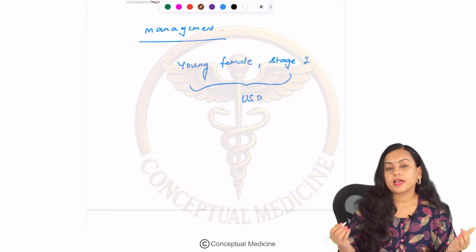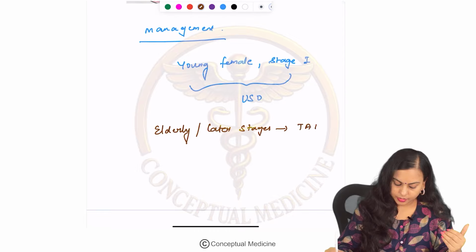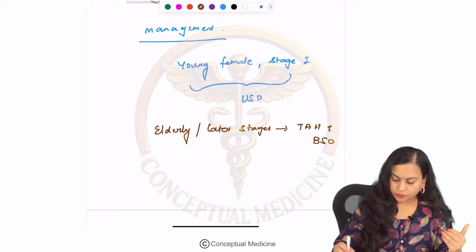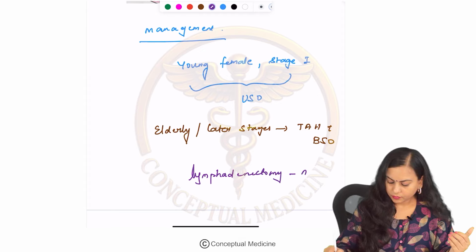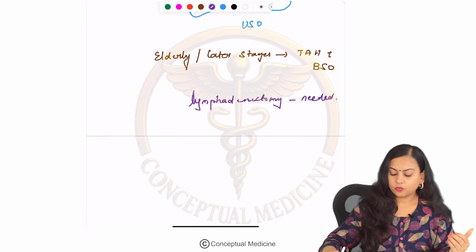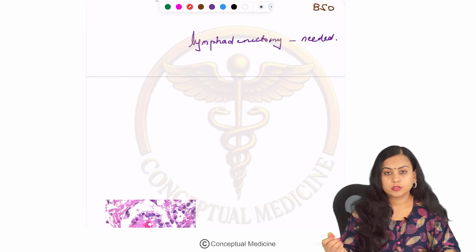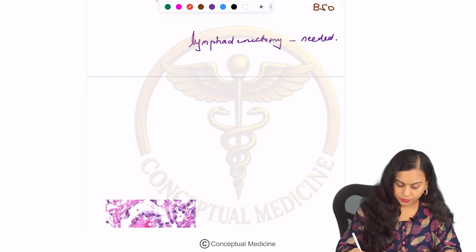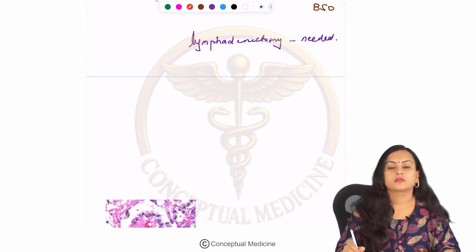In elderly women as well as in later stages, you will offer them total abdominal hysterectomy with bilateral salpingo-oophorectomy, and lymphadenectomy will be done whenever needed. You have to know that this tumor responds very well to treatment, and they have a very good prognosis and also a very good 5-year survival rate, right?